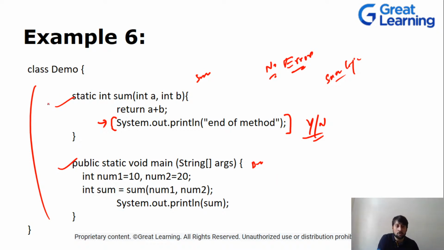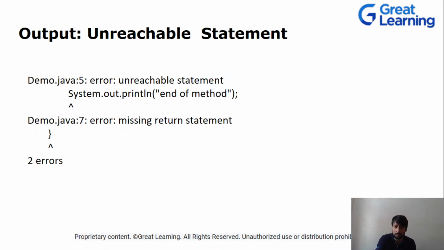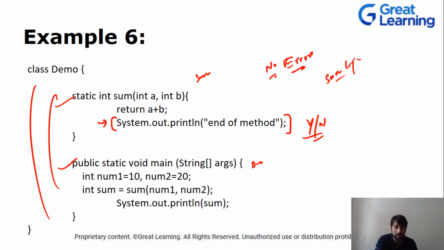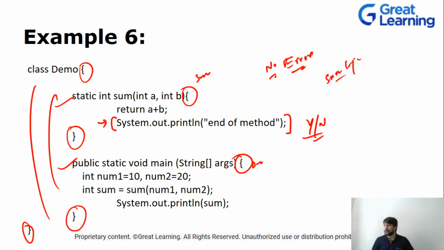There is nothing apart from this. Obviously there's a return statement that is missing. There's one extra as well. So you see, this is for this, and this is for this. Now, what is happening over here?